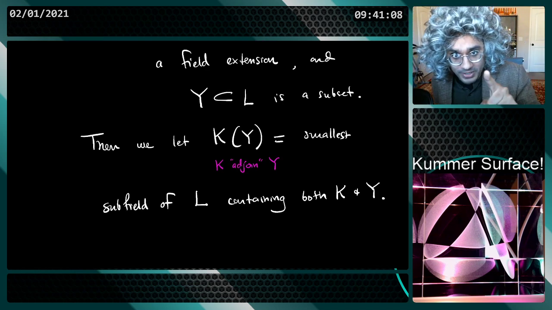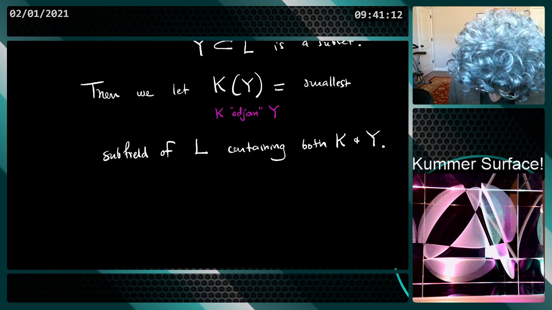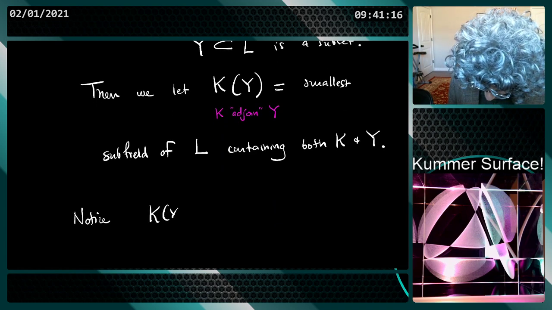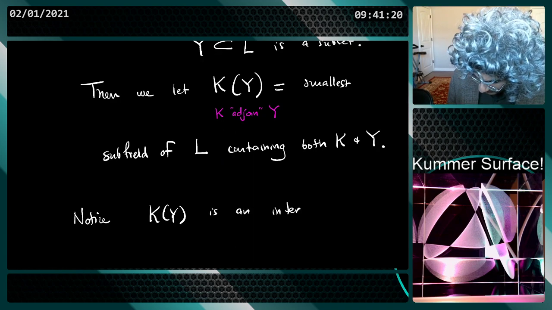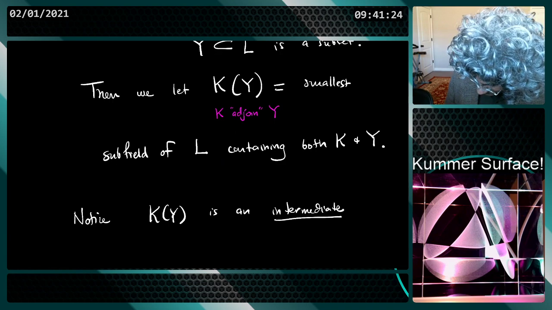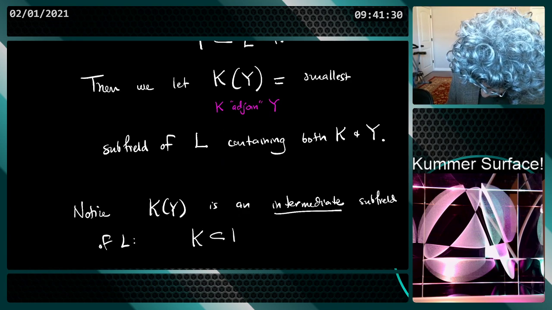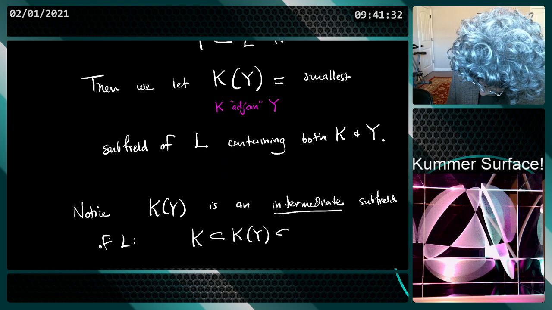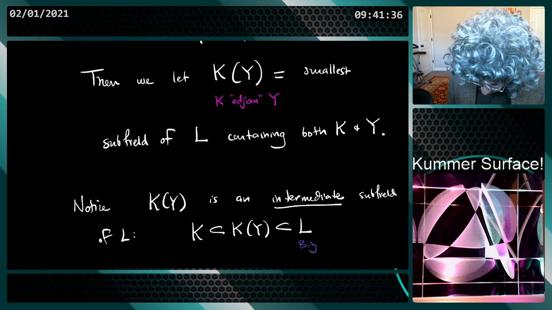Okay, so notice that K(Y) is what we call an intermediate field. K(Y) is an intermediate subfield. It's sandwiched between the big field and the small field.